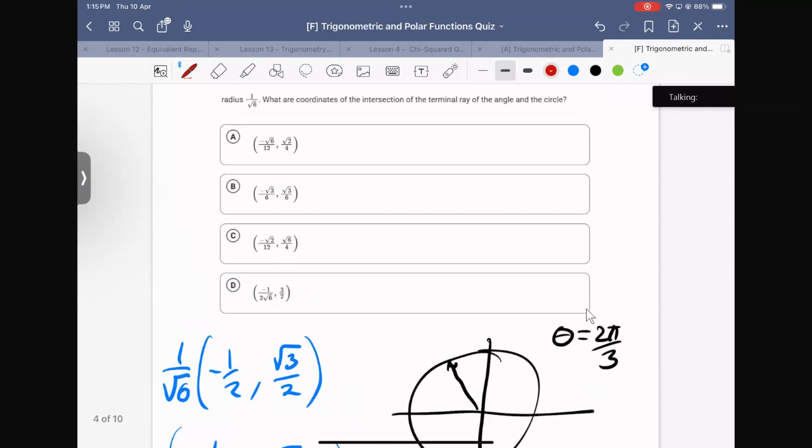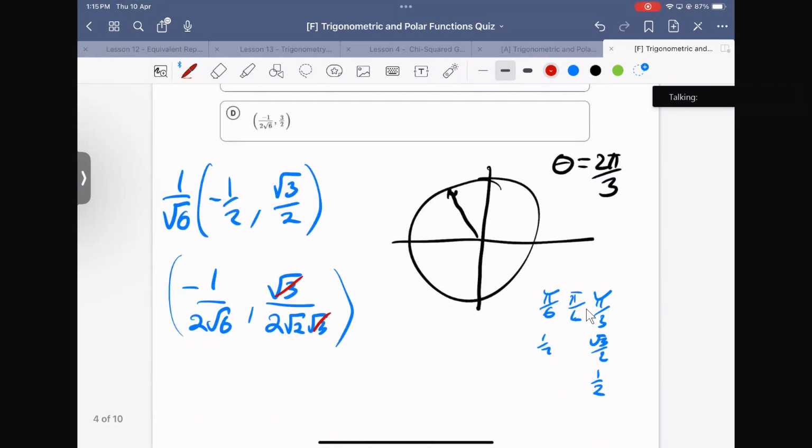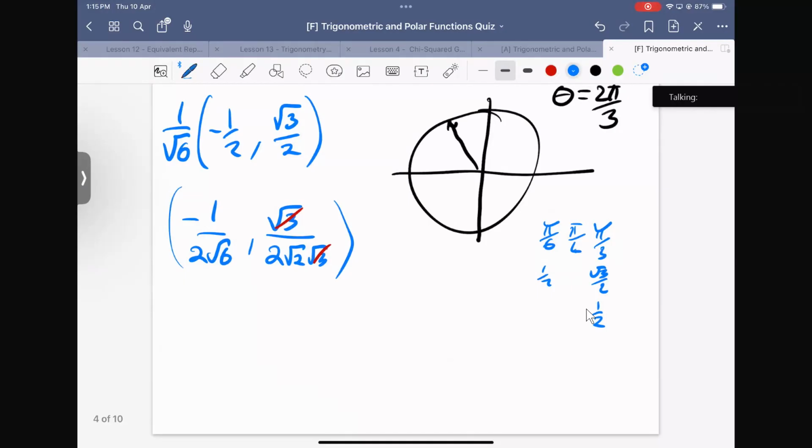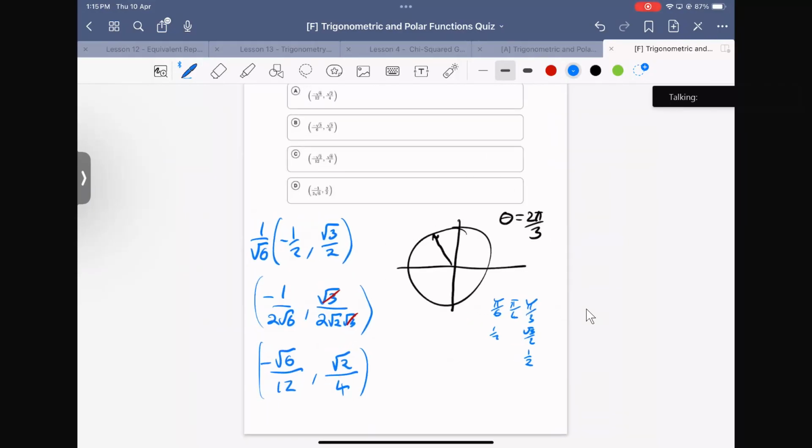Now I've got a selection of things to look at here. A lot of them have a denominator which has been rationalized, so I'll just rationalize the denominator here. That would give me minus root 6 over 6 times 2, 12. This one, rationalizing my denominator, I'm going to get root 2 over 4. Okay, let's hope this is one of them.